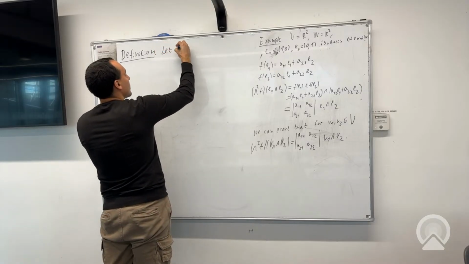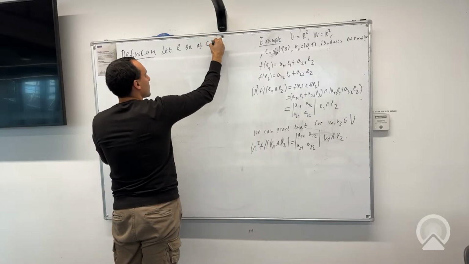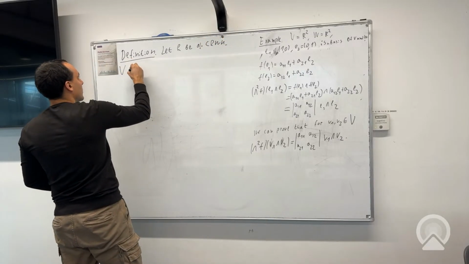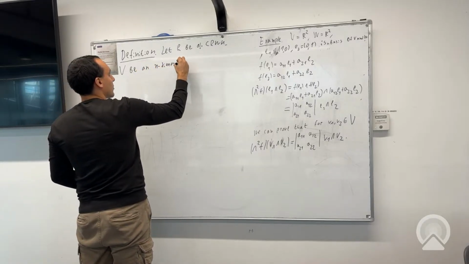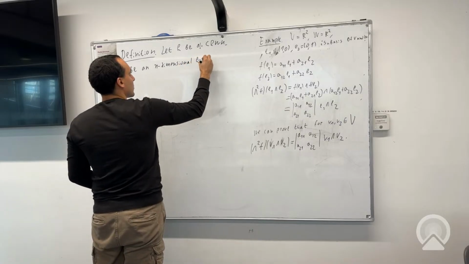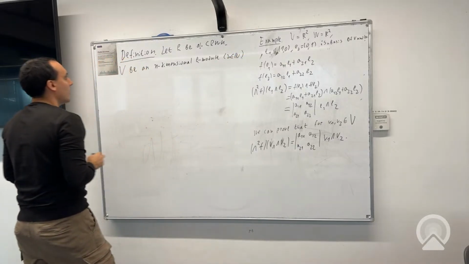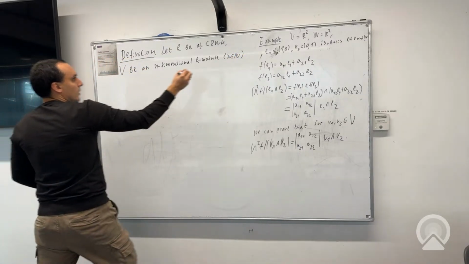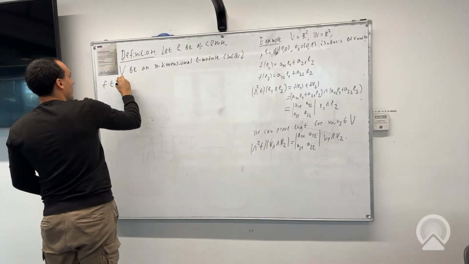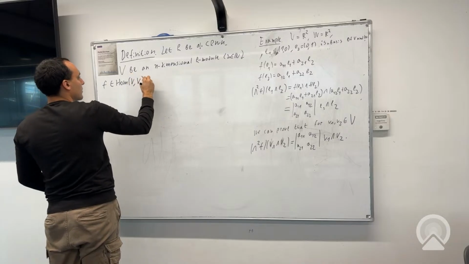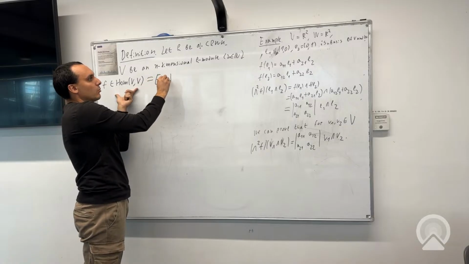So let R be a commutative ring with unity, V be an n-dimensional R module, n an integer of course, and F be a linear map from V to V. When we have a linear map to itself, the space is sometimes called End V, the space of endomorphisms.